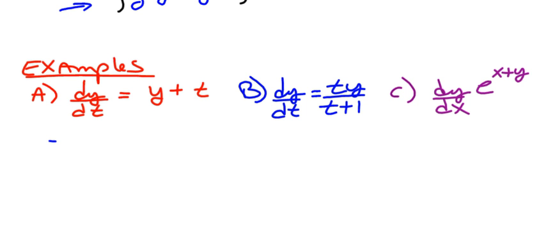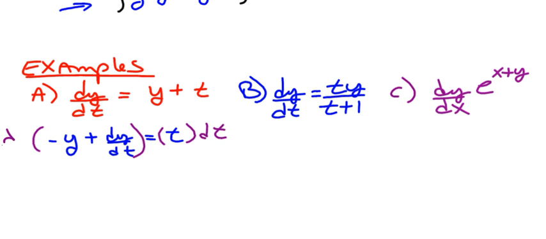I would subtract y from both sides. And I've got this, but then if I multiply both sides by dt, I am not separating it completely because I would have this. So in this case, I cannot manipulate this in order to separate the variables. This one is not separable.